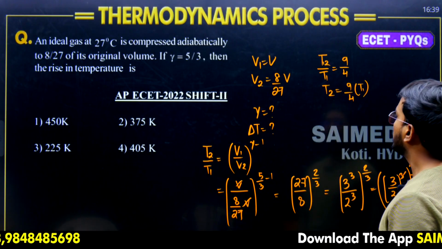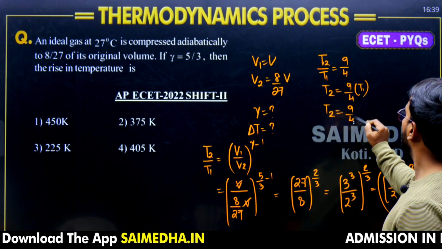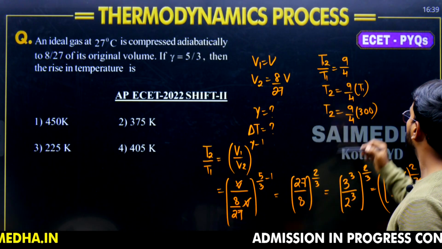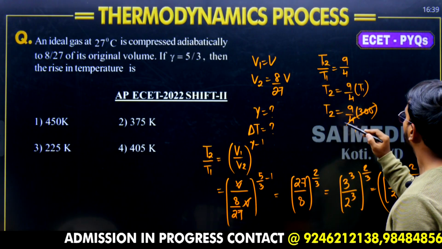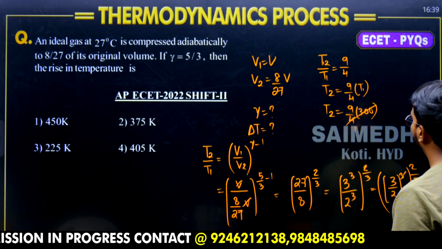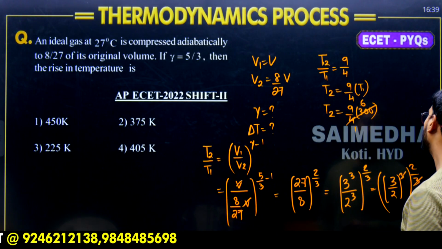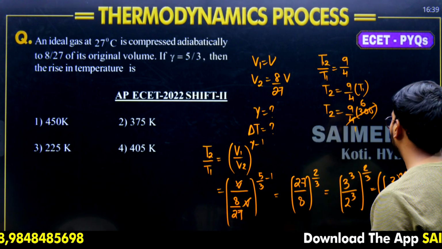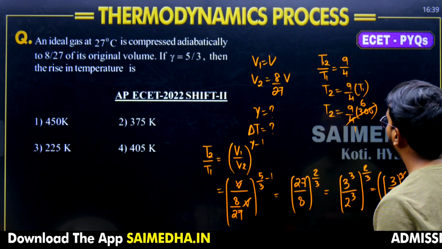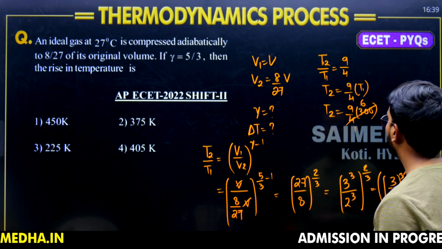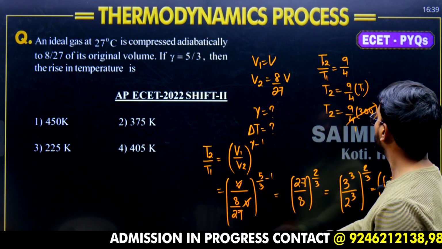Then T1 is equal to 300 Kelvin. So T2 is equal to 9 by 4 times 300. Here 4 6s are 24, remaining 4 4s are 16, 4 5s are 20, 4 6s are 24, 4 7s are 28.